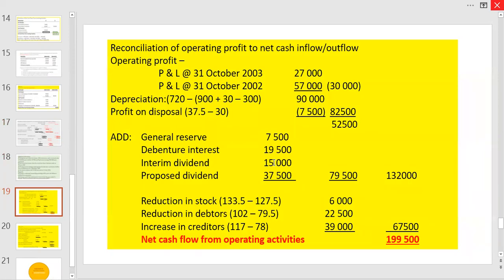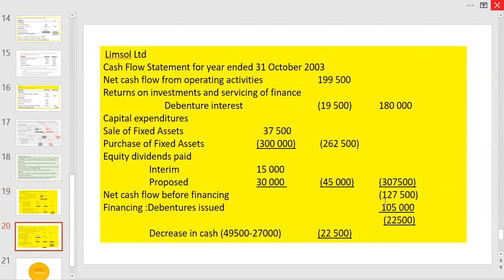If you look at working capital details below, reduction of stock is inflow, reduction of debtors inflow, increase in creditors inflow are shown here, leaving an operative activity of net cash flow 199,500, which is now carried forward to the other section of cash flow statement.